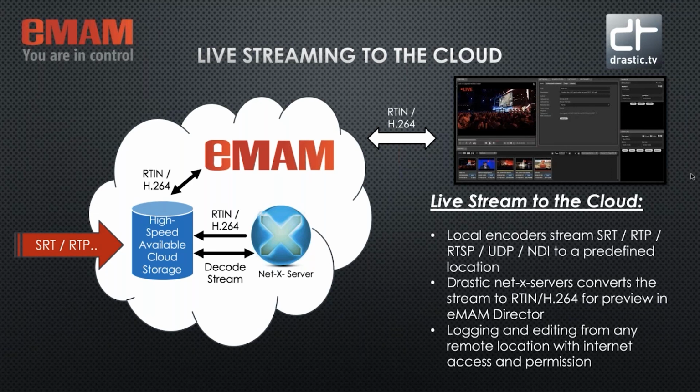It's not going to be high res, totally at the high end like a local encoder would be, but it's very close to and so on. So again, the stream comes in, lands, we decode it, produce some kind of mid-level codec, and then the R10 is used for remote folks to log into the AWS system through eMAM, and then be able to do the logging and so on.